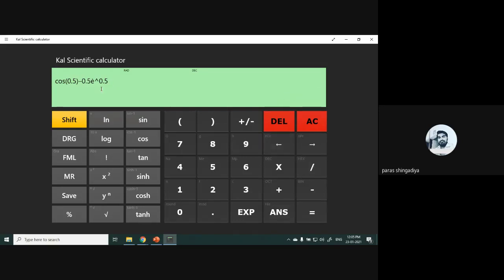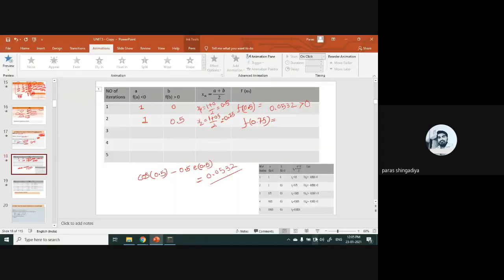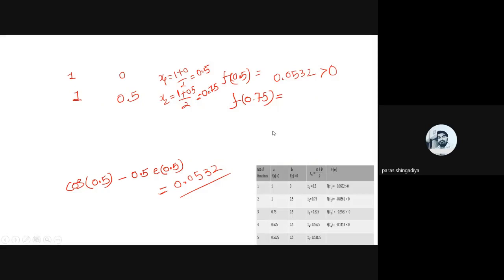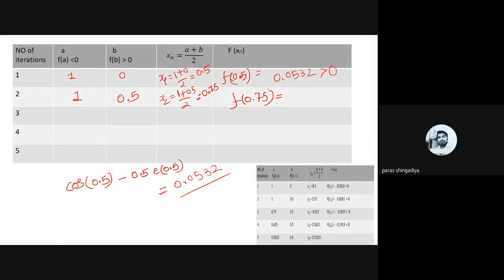Consider 0.75 in each place, and then use enter. You will get a negative output, minus 0.8560, that is negative. Is it okay?